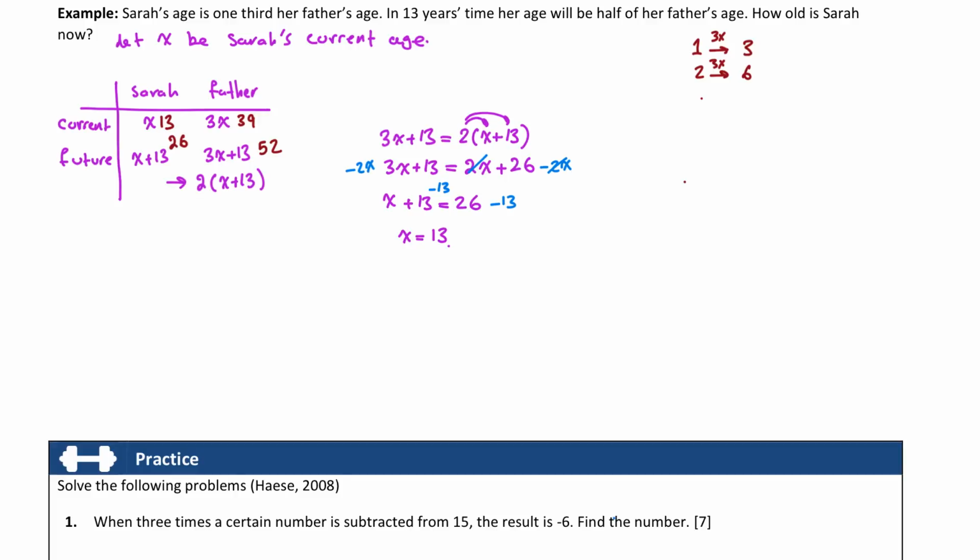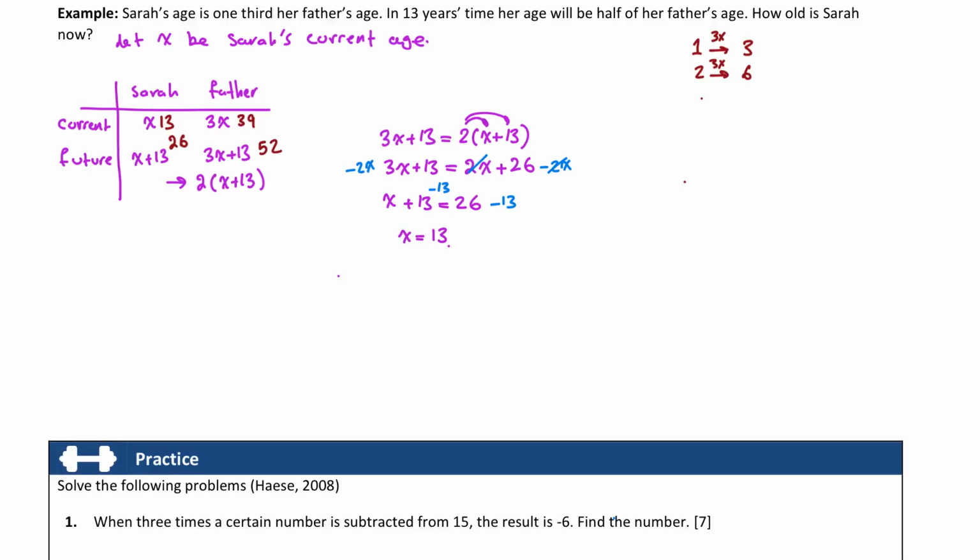So is her father currently twice the age, or in the future, will her father be twice as old as Sarah? Sarah in 13 years is 26. Twice that is 52, and therefore this statement holds true, and therefore our solution is correct.